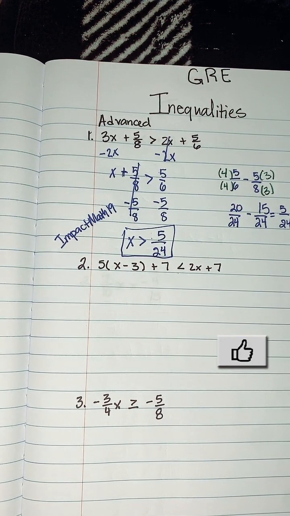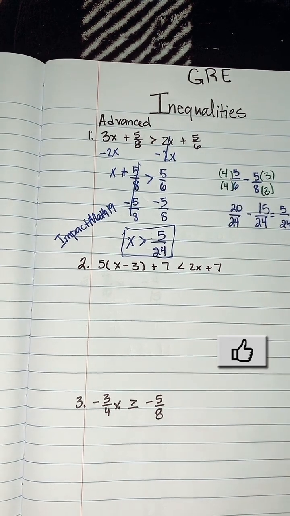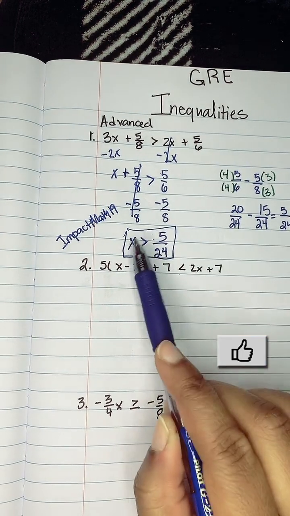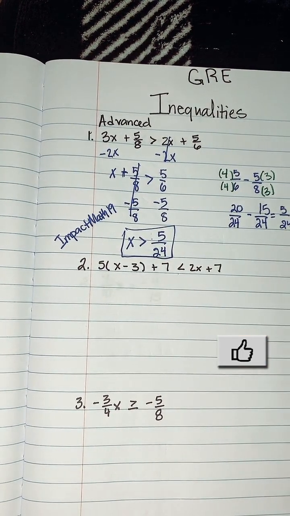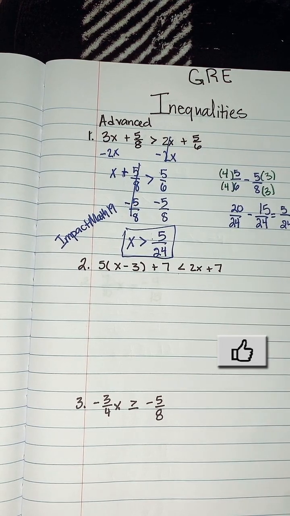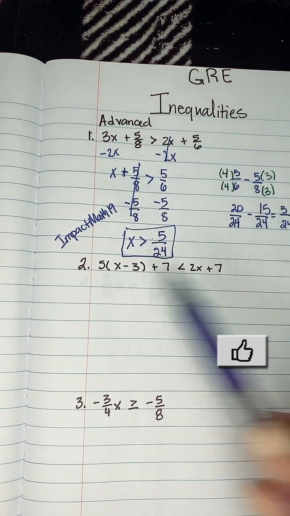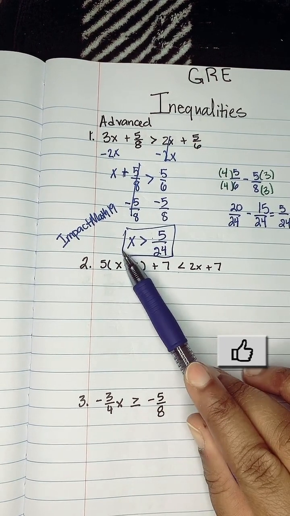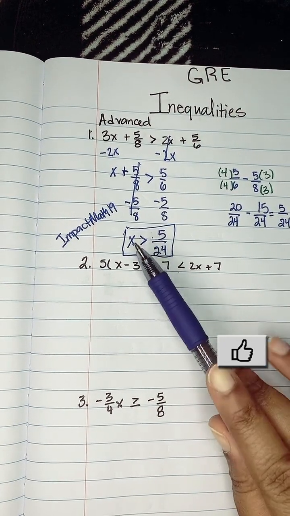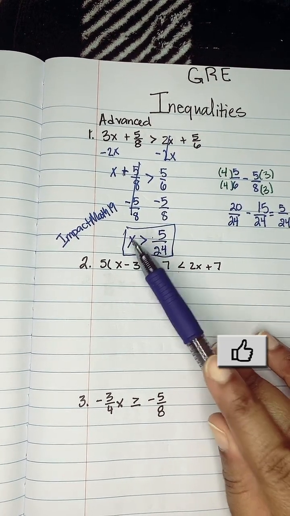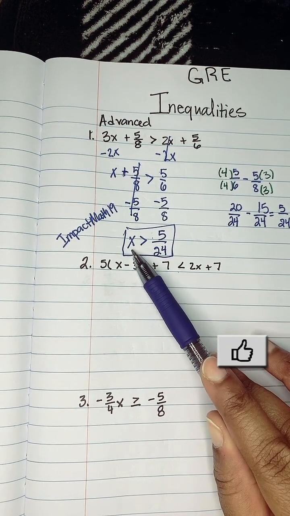Why do you bring down the negative 2x instead of the 3x? Because in inequalities, whenever I've seen it on any ACT or TEAS test or TSI, they usually have the multiple choice answers with the variable on the left side.